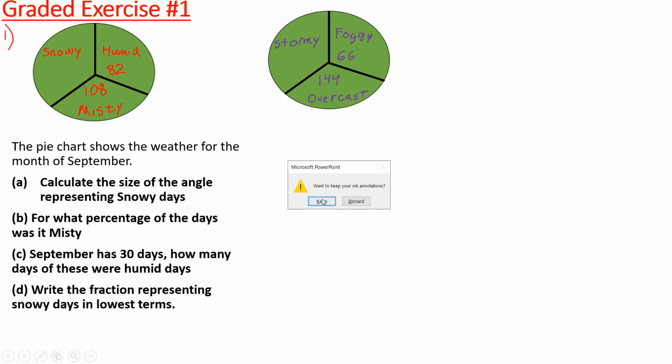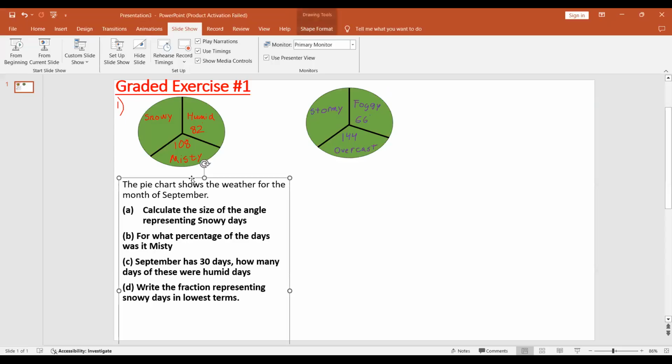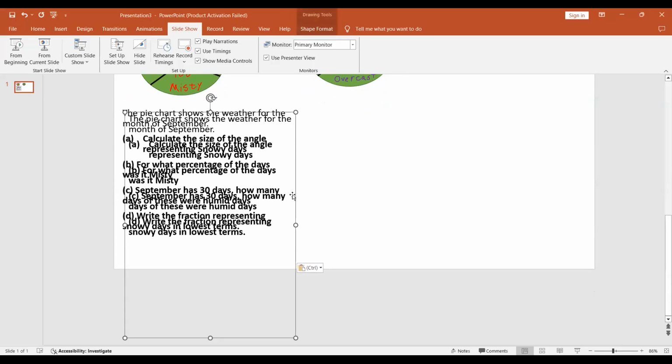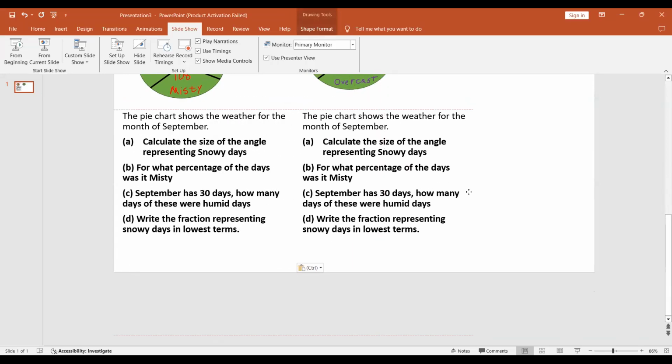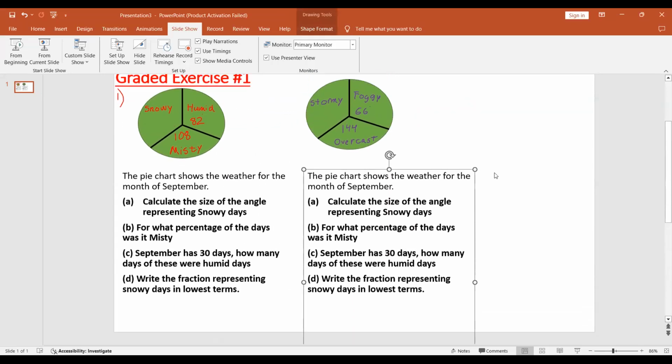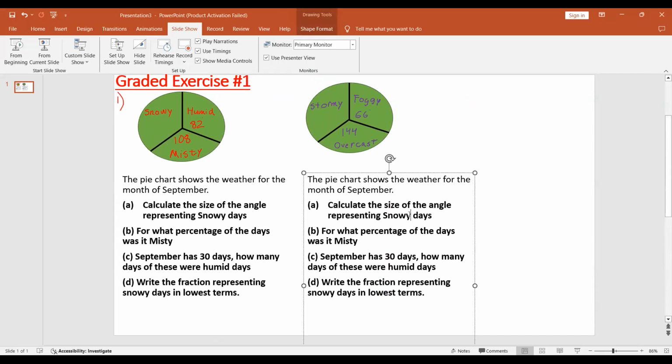And the question is the same. So you want to figure out, for number 2: I want the size representing stormy days. I want the percentage of days that are overcast. I want the number of days that are foggy.